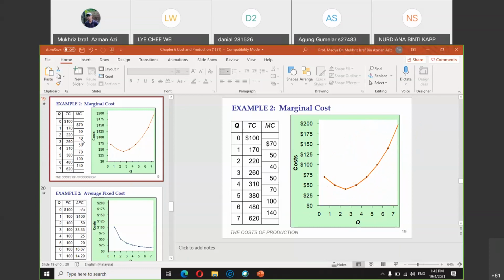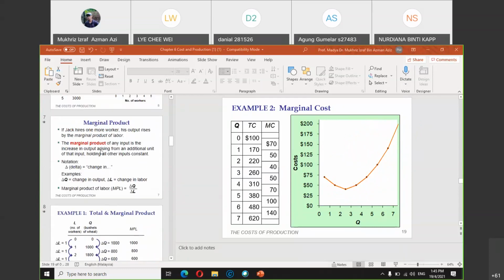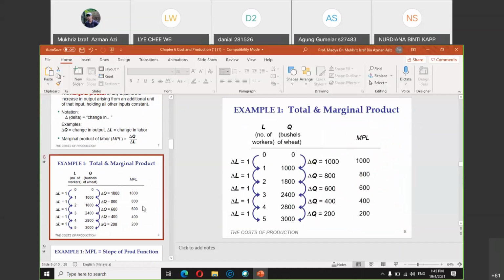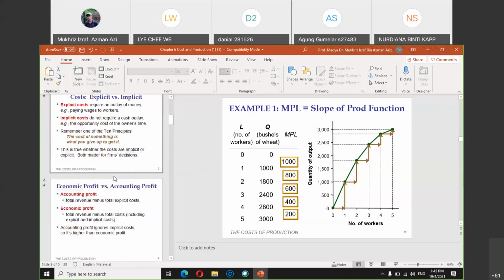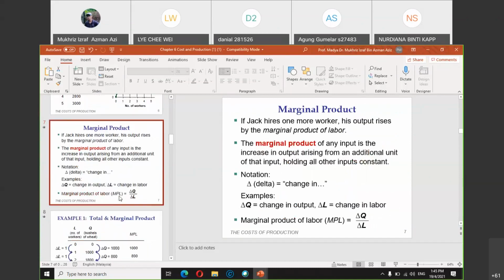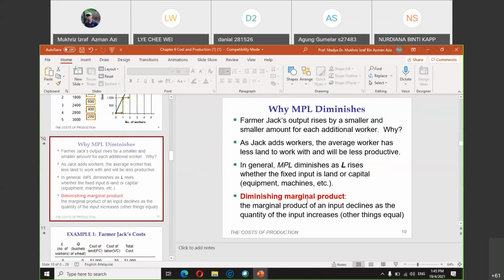If you recall from the previous slide, we learned the concept of diminishing marginal product.